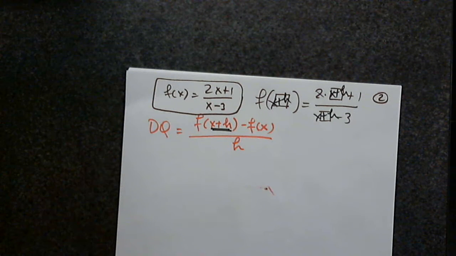How are we doing? Very good. Minus. How are we doing? Because something happened.